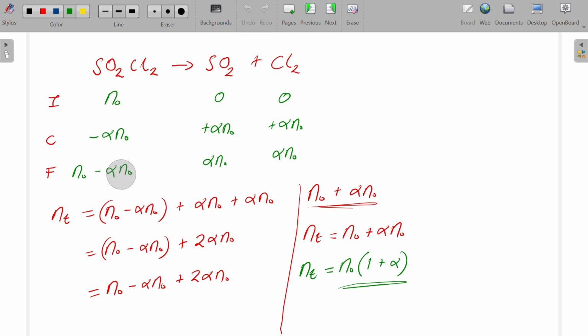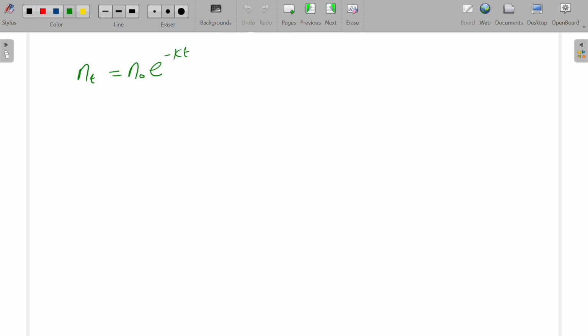So this is what we are going to replace on the other side. We have n initial minus alpha n initial, and this is equal to n initial times e to minus kt, like that.